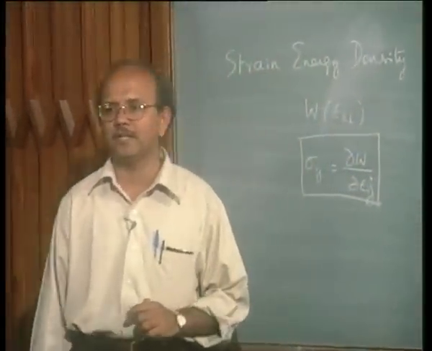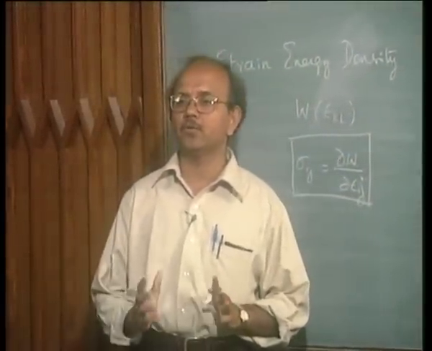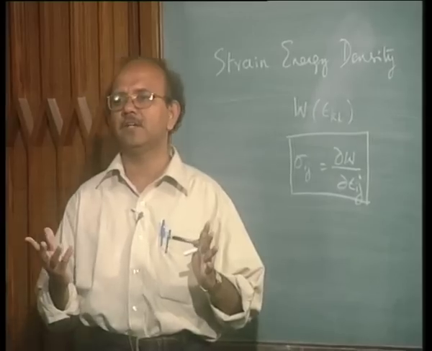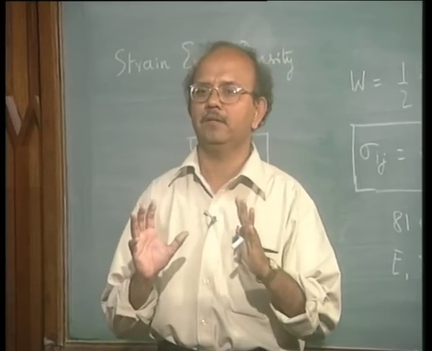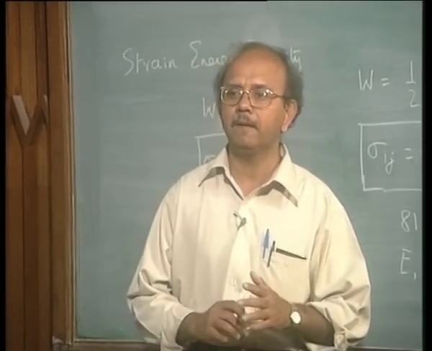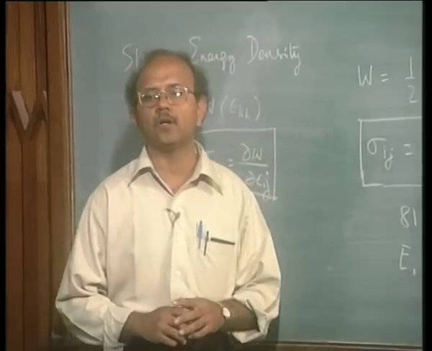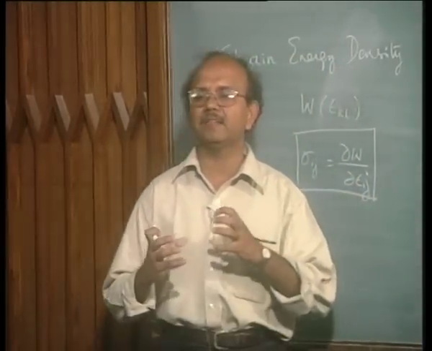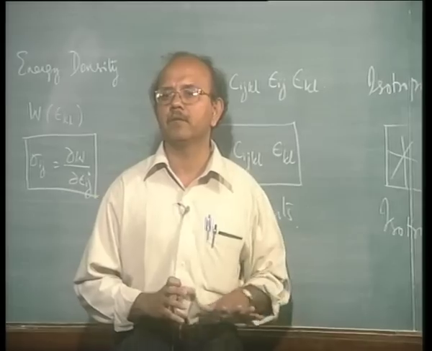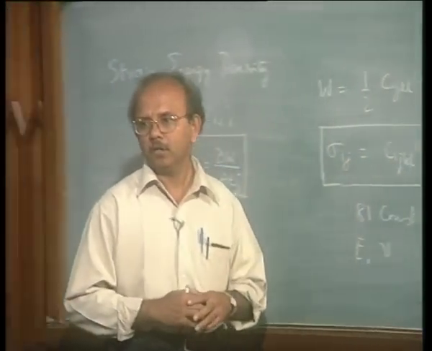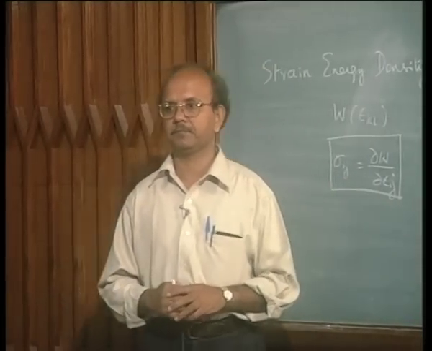You would also have heard about shear modulus, bulk modulus, and all that, but all those things still don't ring a bell. It's only E and nu. Let us see whether I can relate, or write, lambda and mu in terms of E and nu, or can I exchange these two constants.